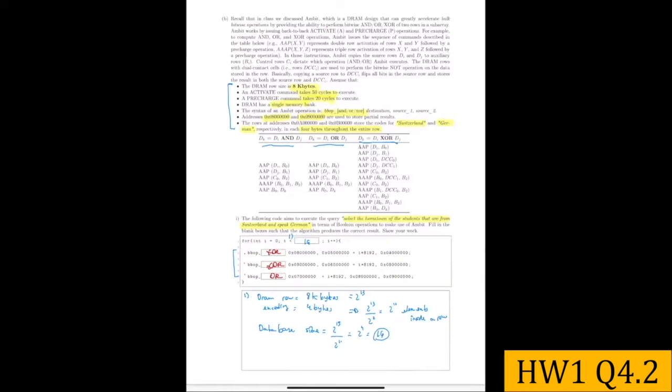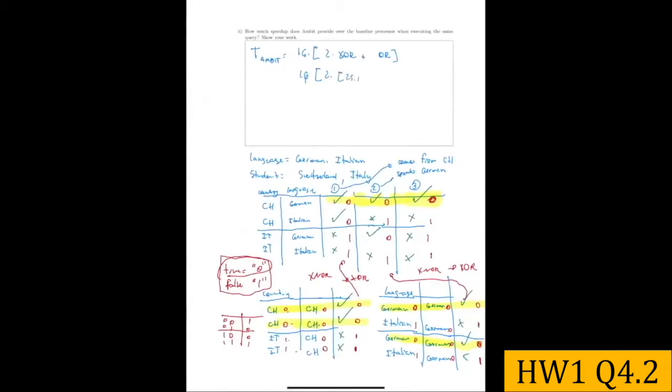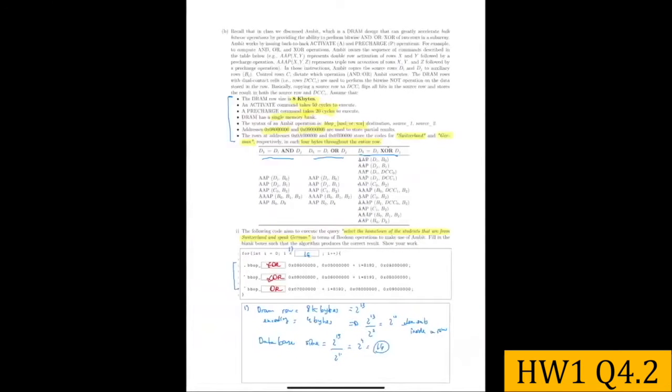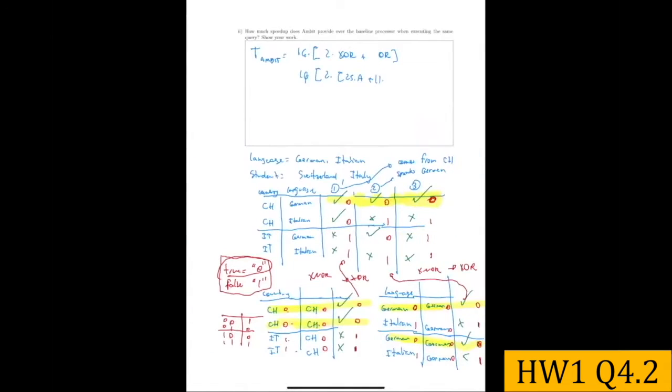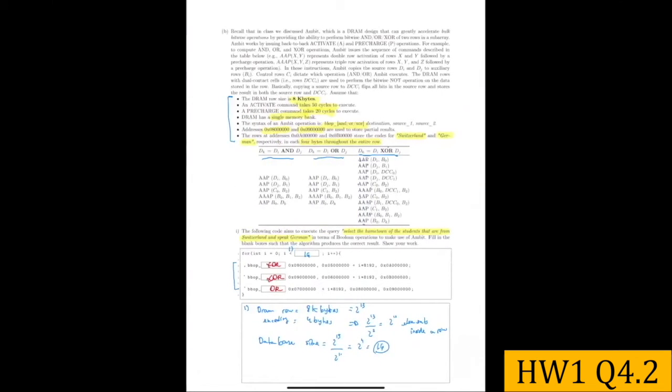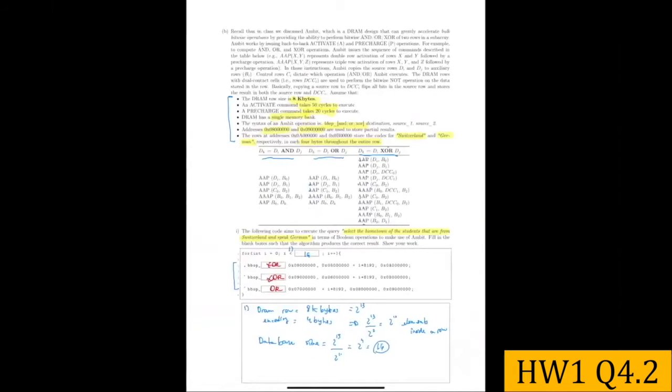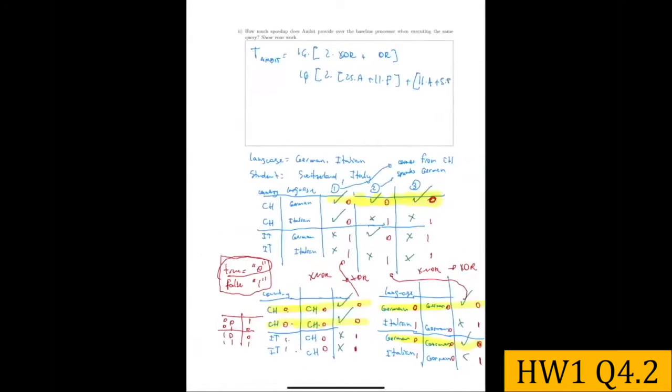So here you have 1, 2, 3, 25 AP plus, for the OR, 1, 2, 3, 4, 5, 6, 7, 8, 9, 10, 11. 11 APs plus 11 A's, 5 B's.